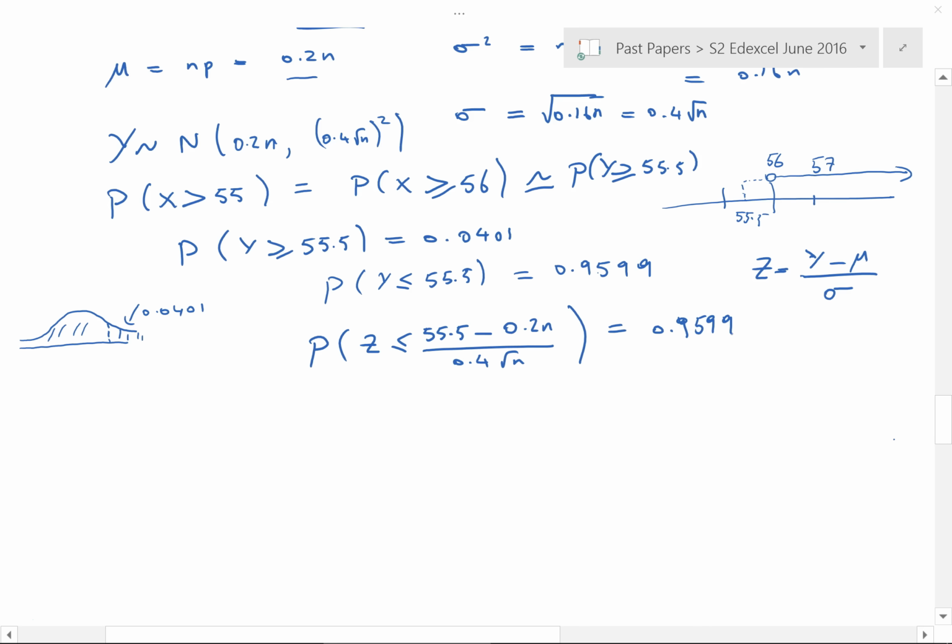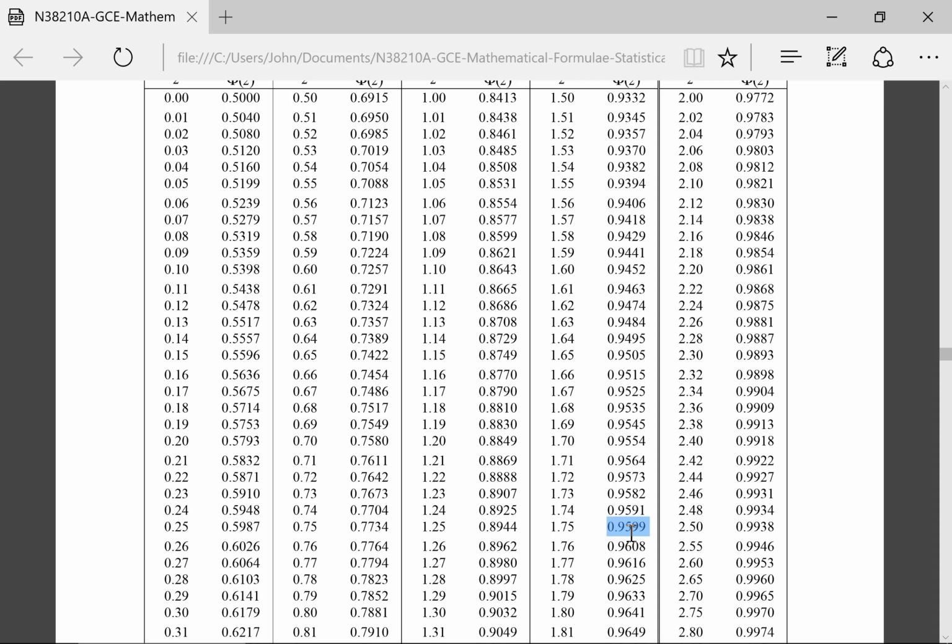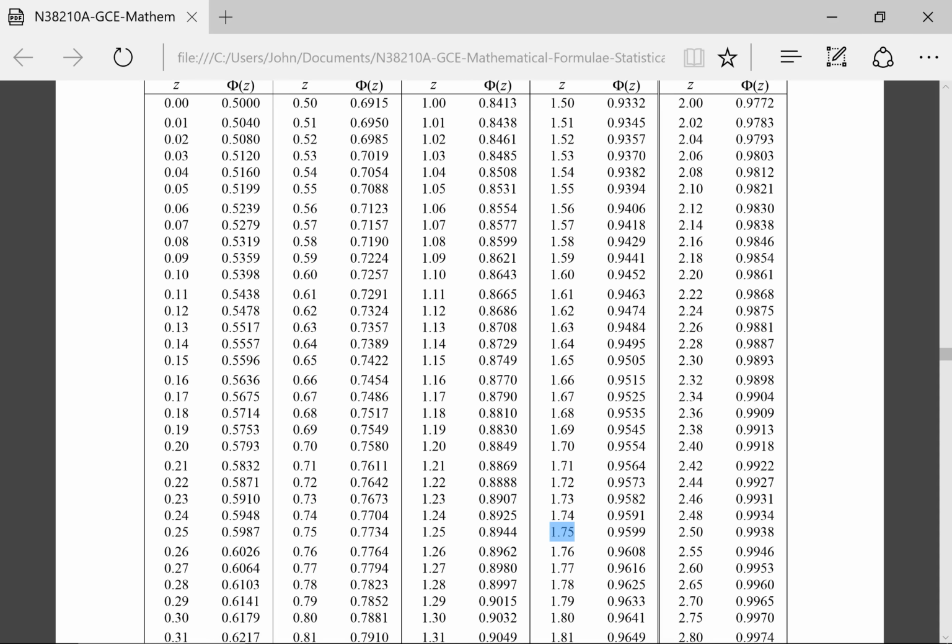Okay, so now we're looking for the appropriate number in our tables. I suspect it will be bang on because of the nature of the question. So let's have a look at the tables. Yes, indeed, if we look at the normal distribution tables, we can see 0.9599 there, which indicates a Z value of 1.75.